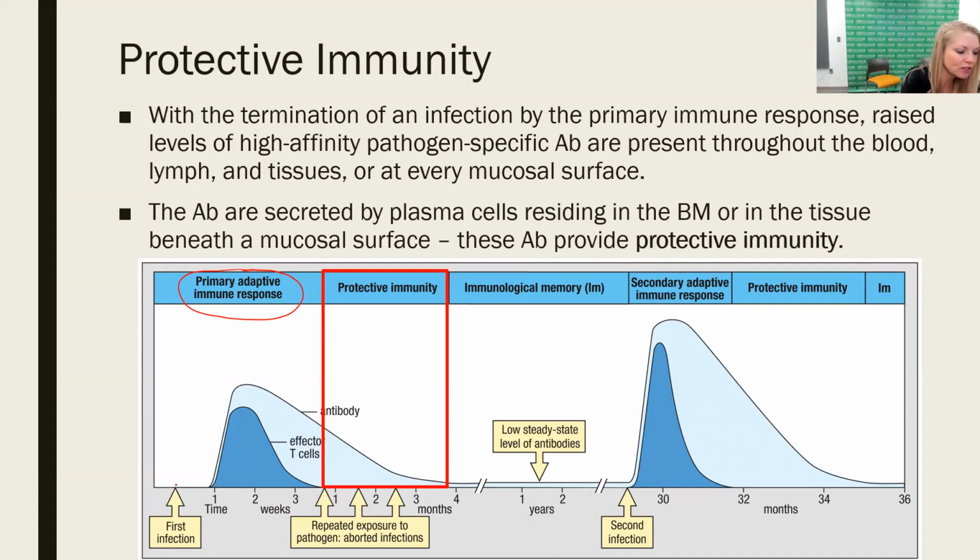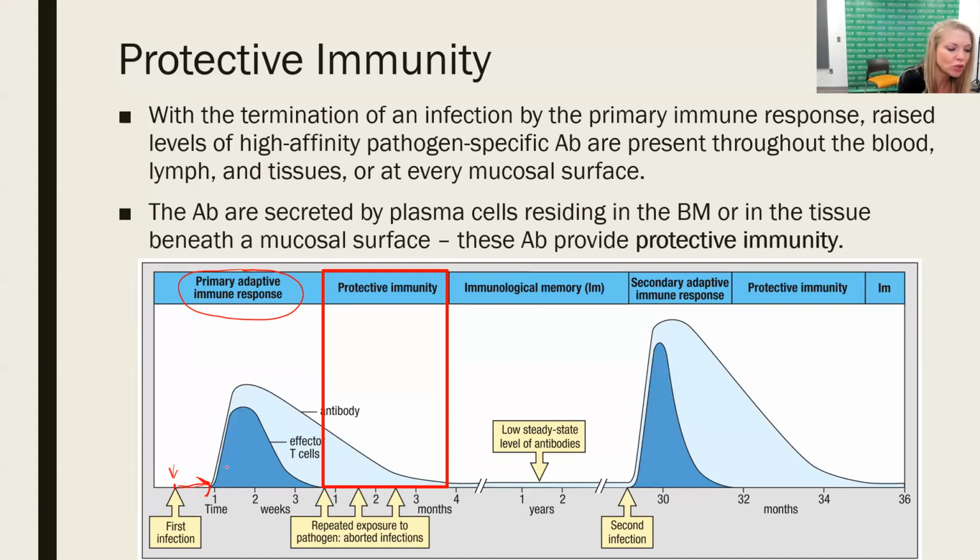So we have this first infection that occurs, and it takes quite some time, right? We have the innate immune system that kicks off right away, but if the innate immune system is overrun, the adaptive immune system will kick in, but it can take a week, it can take 10 days, it can take 2 weeks before that infection is actually cleared.